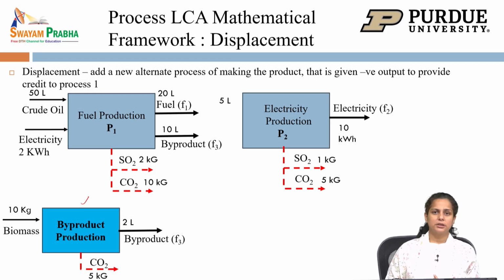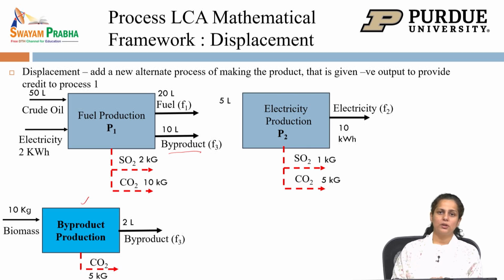So, the idea with displacement is that whatever byproduct is being produced by this fuel production process, because it is making fuel, it is also fulfilling the demand of byproduct that has to be separately produced, which means that this will have a negative impact on this process. So, we can put that as negative output.